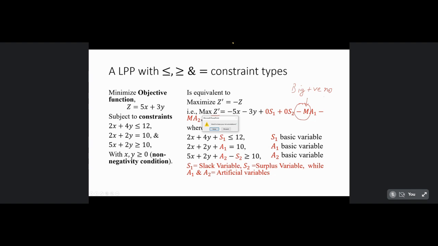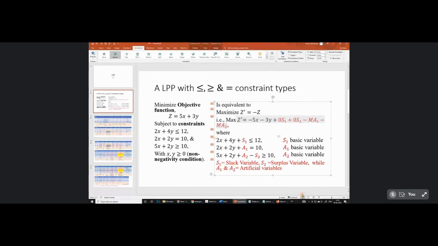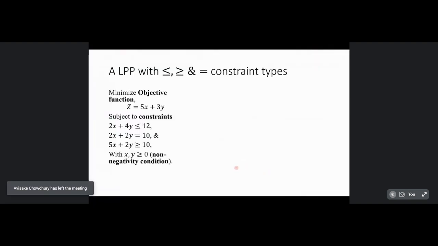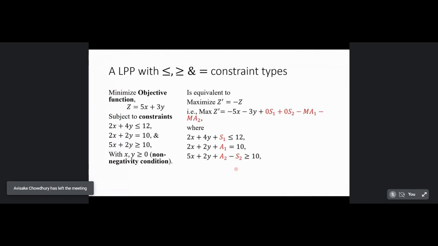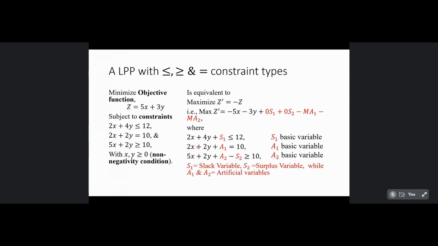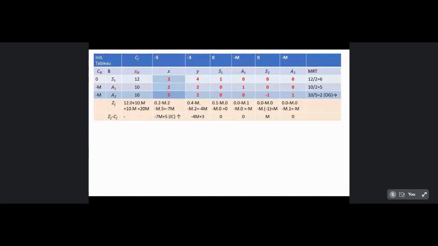আচ্ছা, ওভাররাইড হয়ে গেছে। তো ওই যেটা পরের টেবিল এখানে, this is basically your right hand side. এখানে x এর ভ্যালু লিখবো, y এর ভ্যালু লিখবো, then s1, s2, and a1, a2.